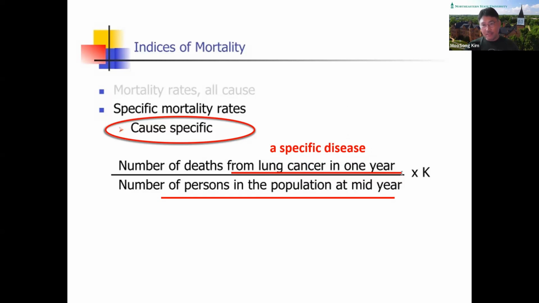So it is the number of deaths from a specific disease over, not the total number of people with this disease, but instead the total population, times a constant of 1,000.